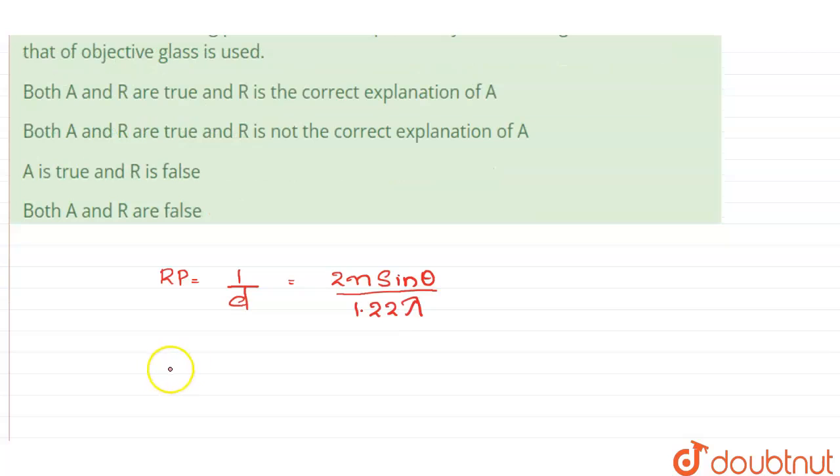So from this equation we can say that the resolving power is directly proportional to refractive index of the medium, or we can say that as the refractive index increases, the resolving power also increases.